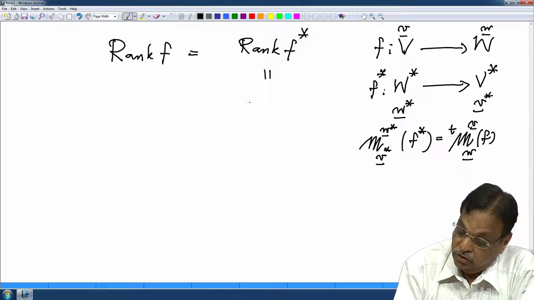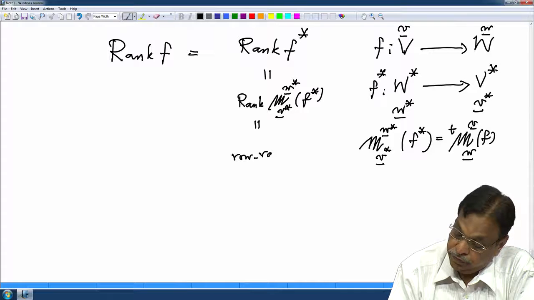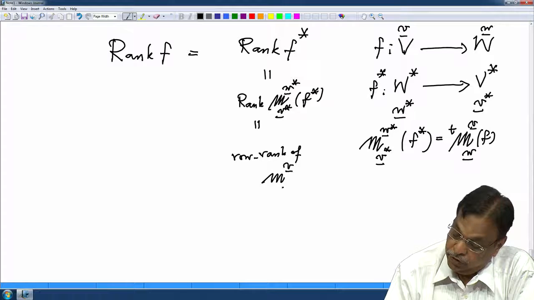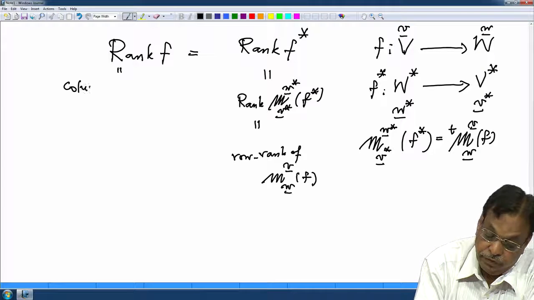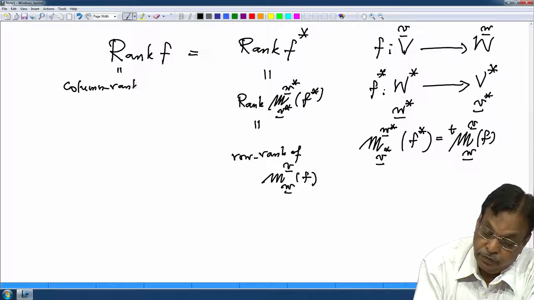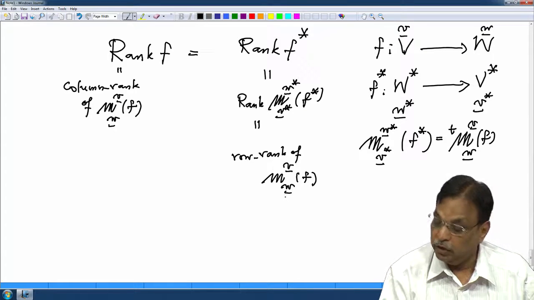So, this is rank of M_{W*V*}(F*), but this is nothing but the row rank of M_{VW}(F), and this is the column rank. So altogether we have proved column rank equals row rank.